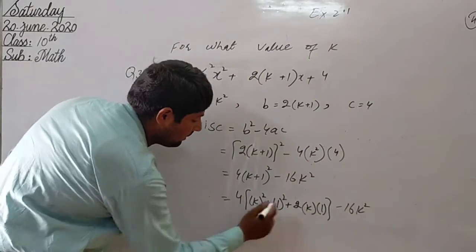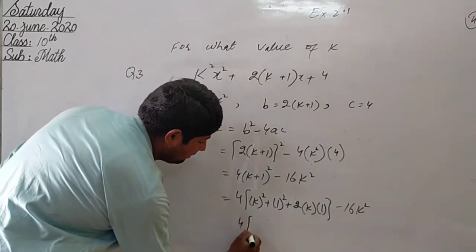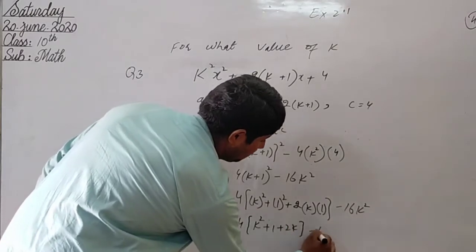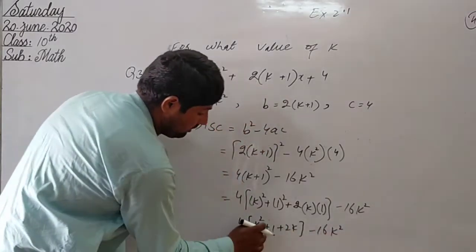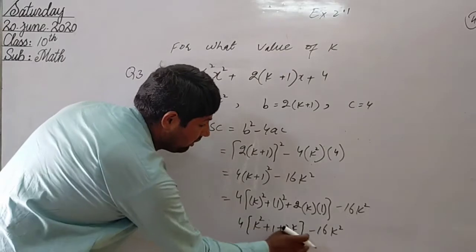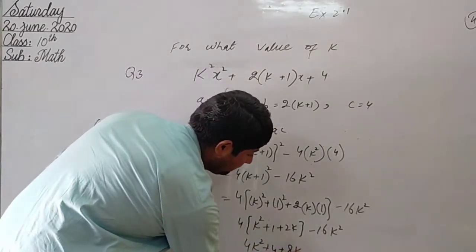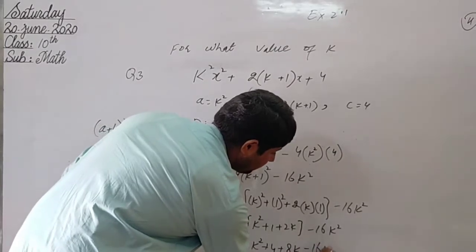Now solve the brackets: k square plus 1 plus 2k, minus 16k square. Multiply the 4 with all the terms: 4k square plus 4 plus 8k minus 16k square.